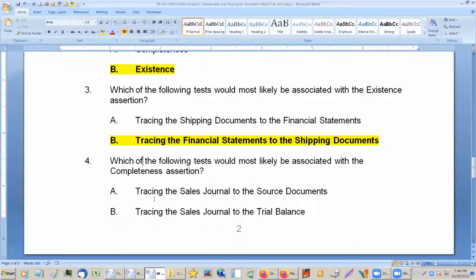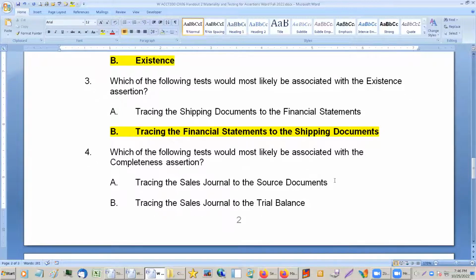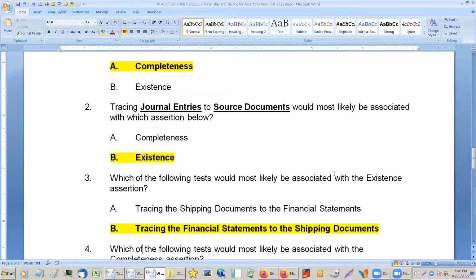Which defining test would be associated with the completeness assertion? B. Yep.